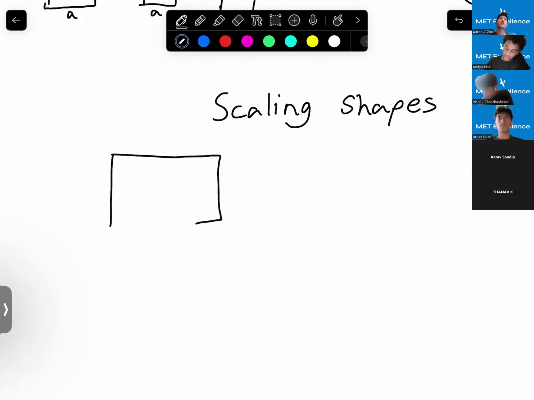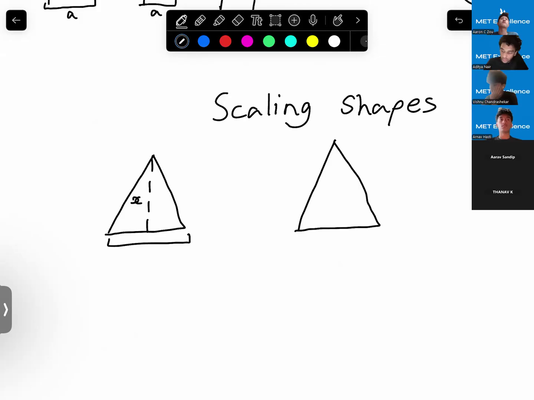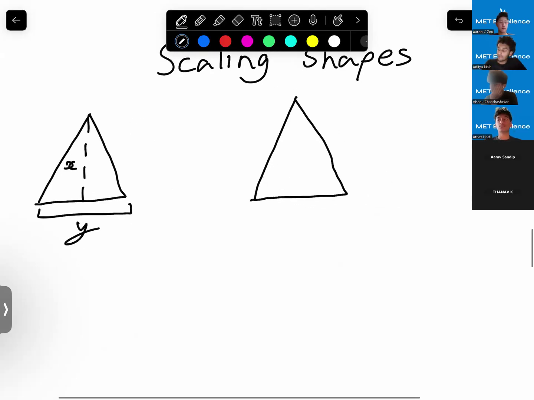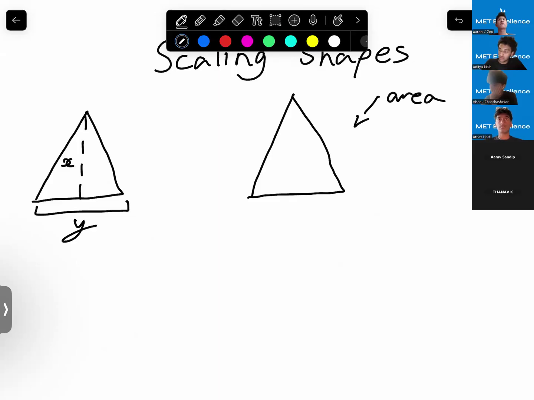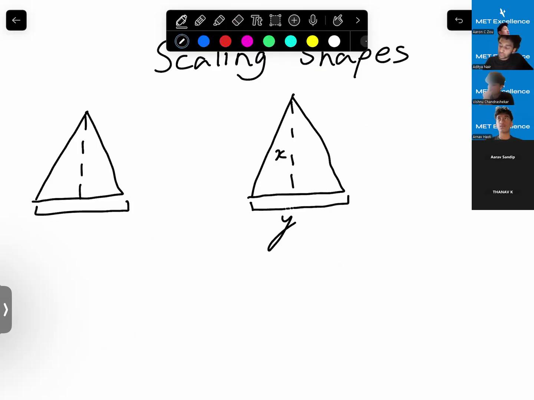So if I'm given two triangles, not drawn to scale, let's say that this is going to be X and this will be Y. Let's do this will be 4. This will be 5.